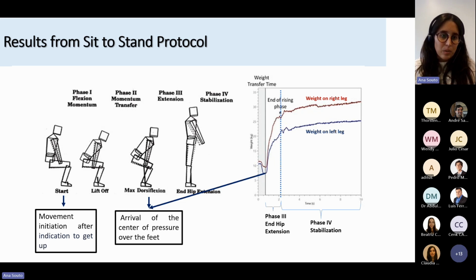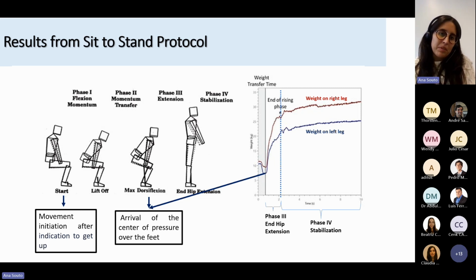And the time between the start and the moment that our center of pressure arrives on top of our feet is called the weight transfer time. Okay, and if this time is increased, the movement is not going to be an efficient movement.